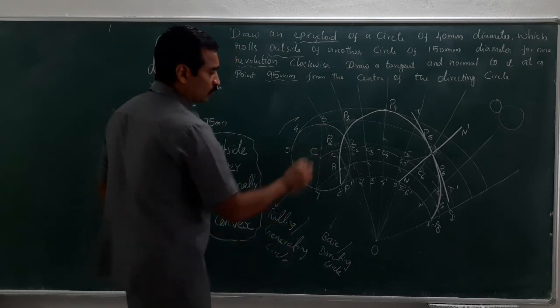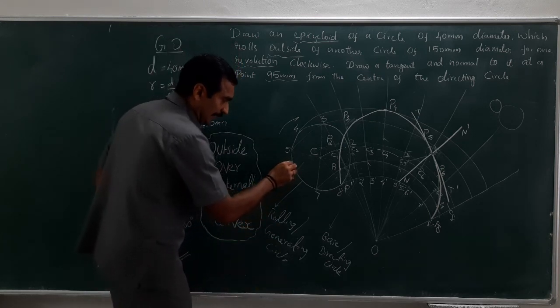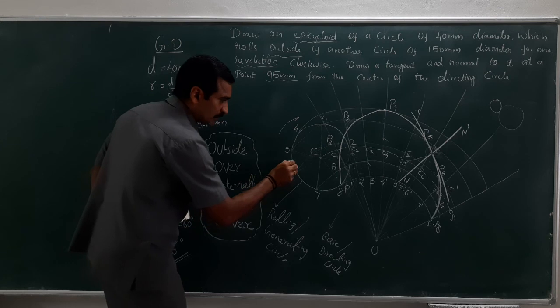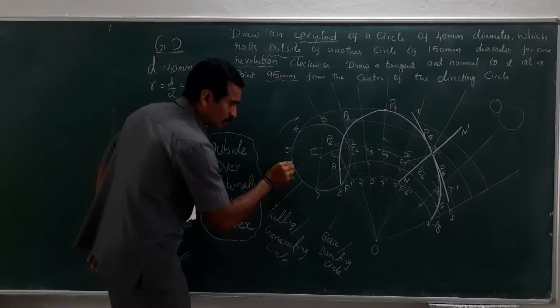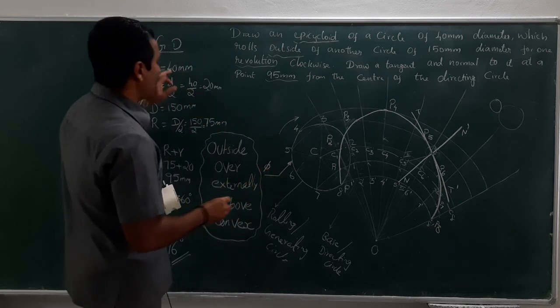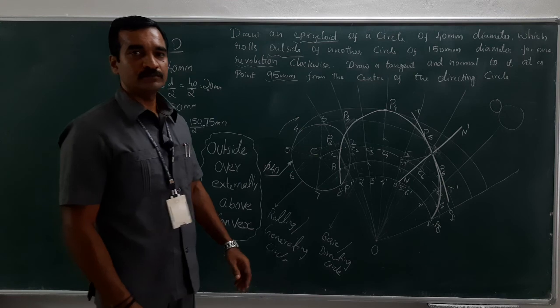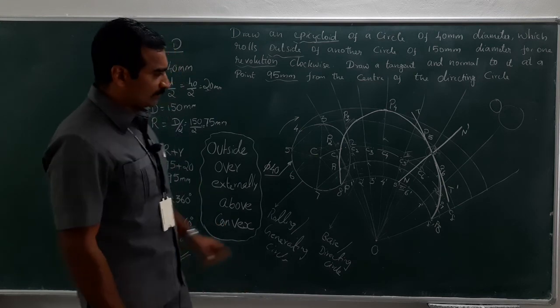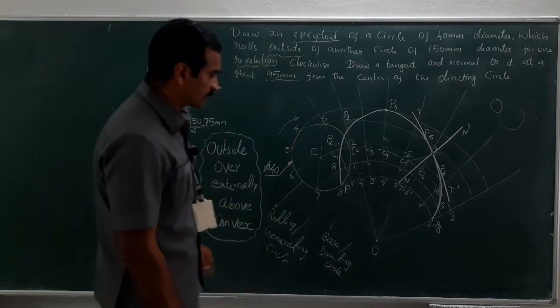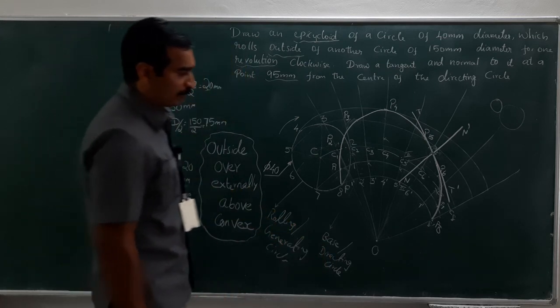So, for this particular rolling circle, I am going to give the leader line in this manner, specifying with arrow dia 40 mm, dia 40 mm, right. Then what about the radius of the base circle or directing circle, which is 75 mm.